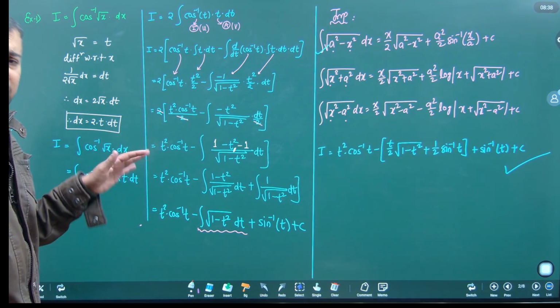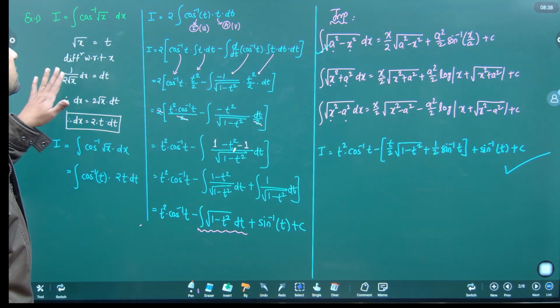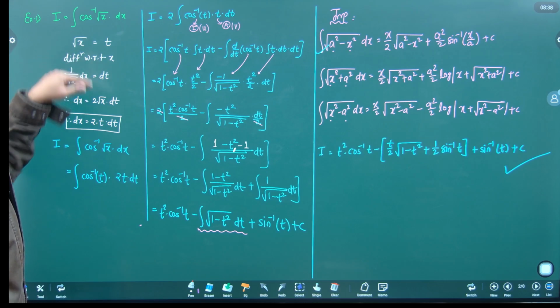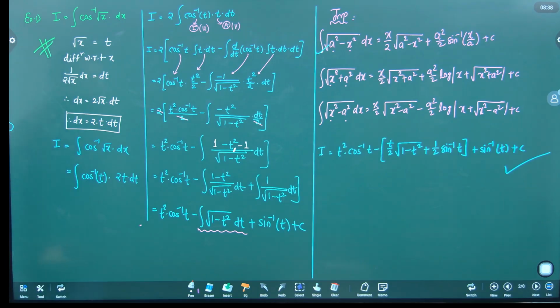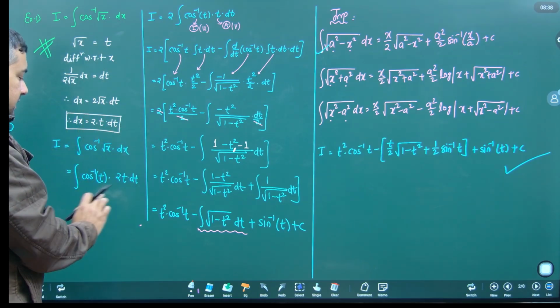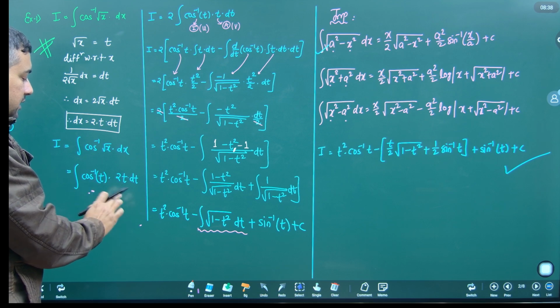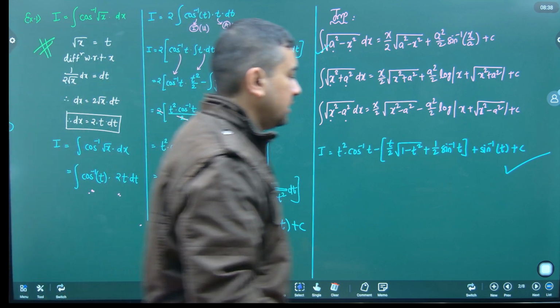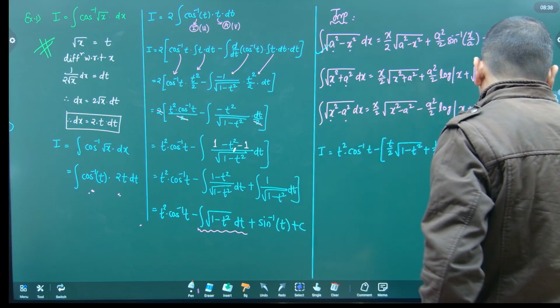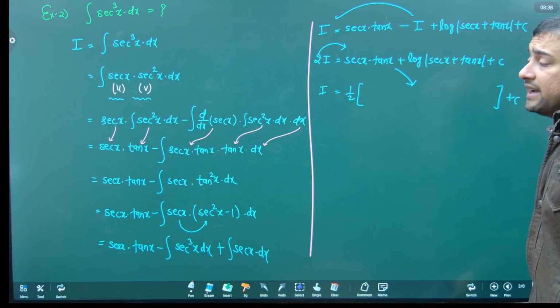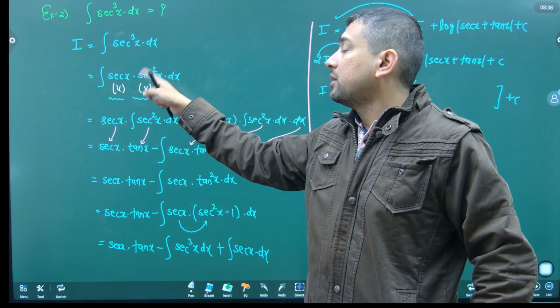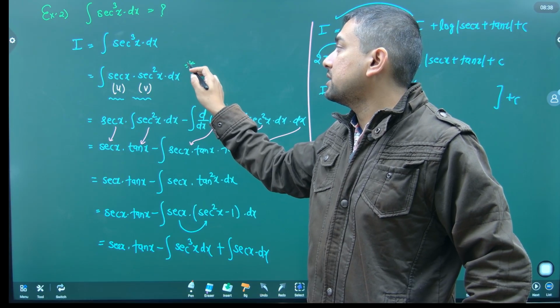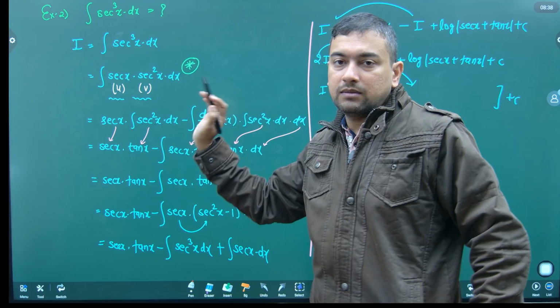For this, the substitution is root x equals t. So we converted this example into u into v, and then proceeded. Then second, we discussed integral sec cube x. This is also a previous year question, please remember this. What is important is which function is considered as u and which as v.